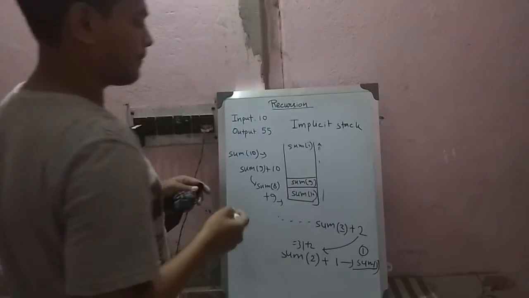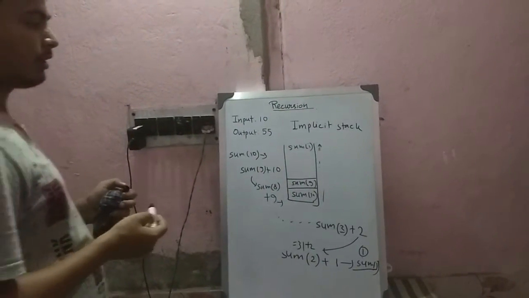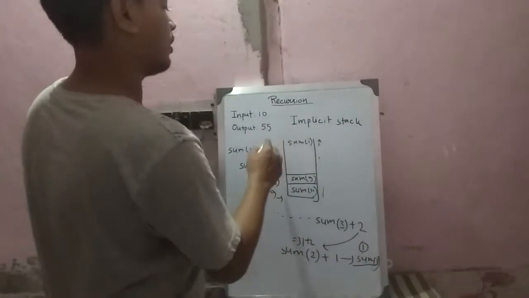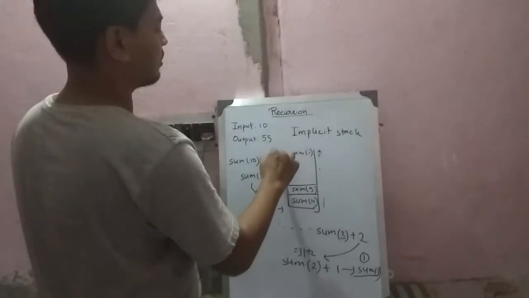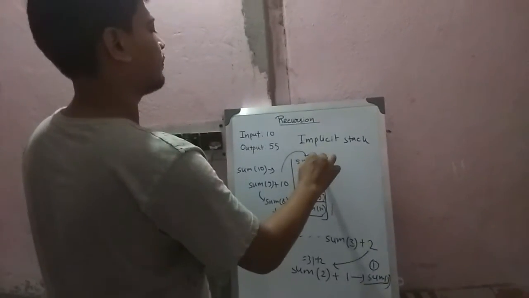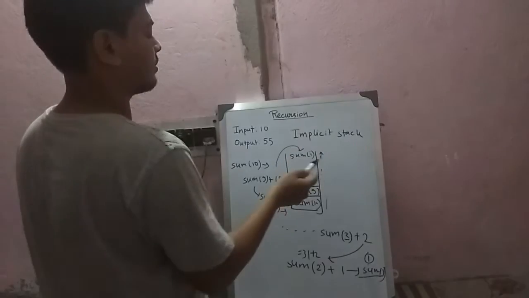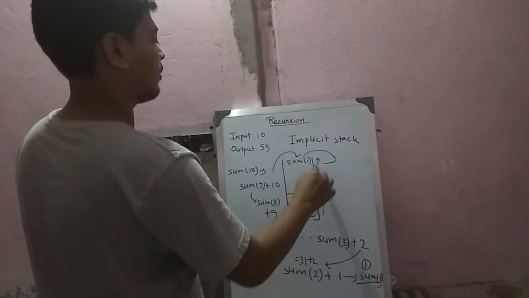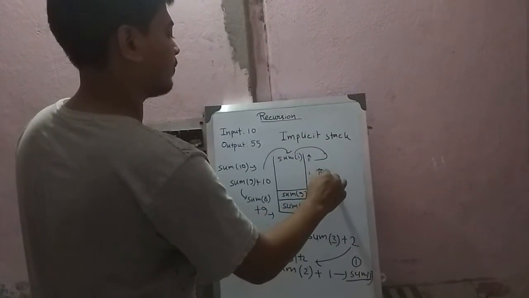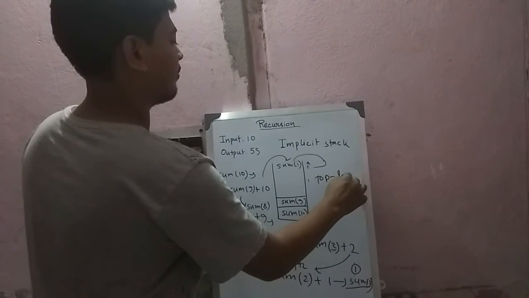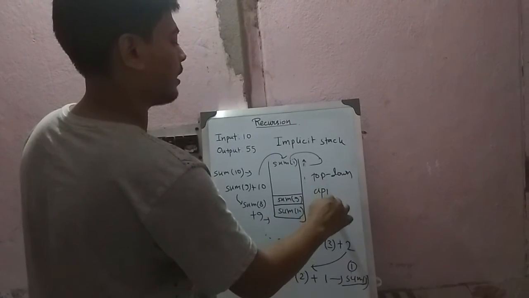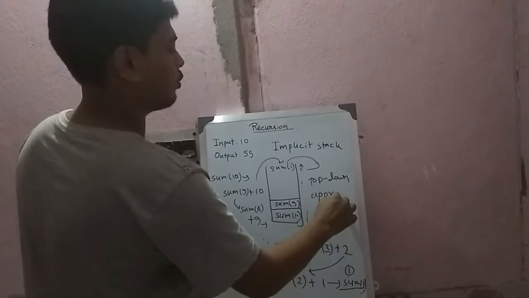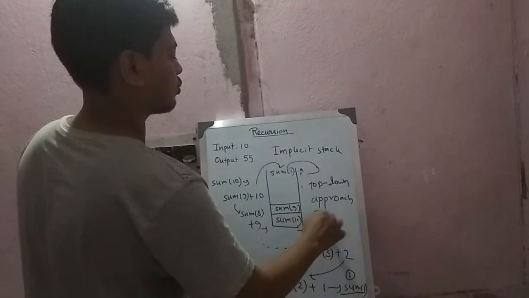So it follows the LIFO data structure: the function that comes last has its output first. This is the top down approach I have told you about. Now I can assume you understand how the top down approach works.